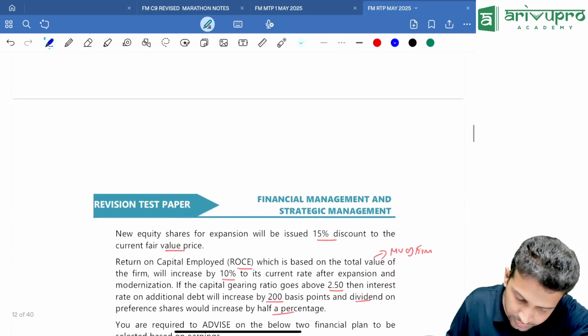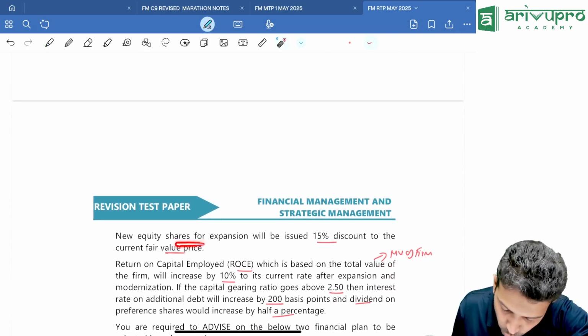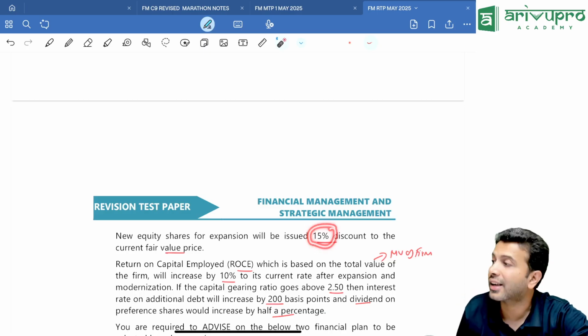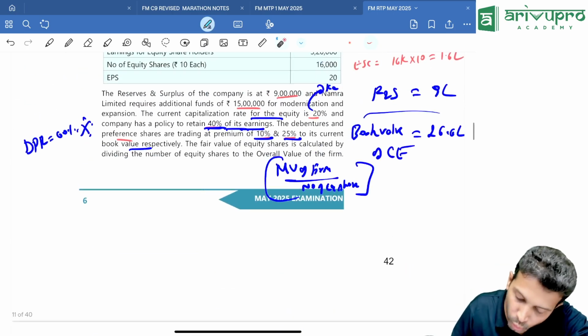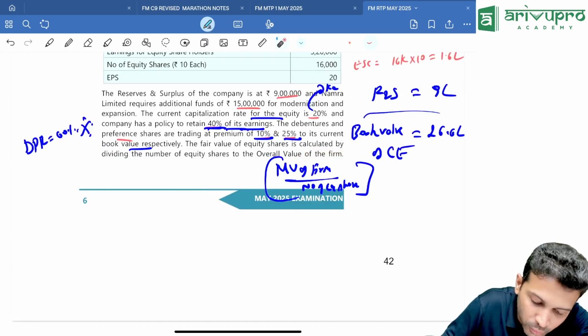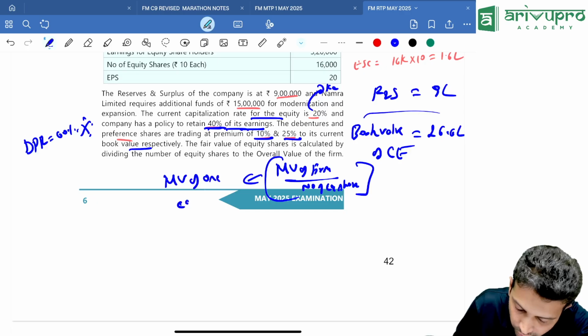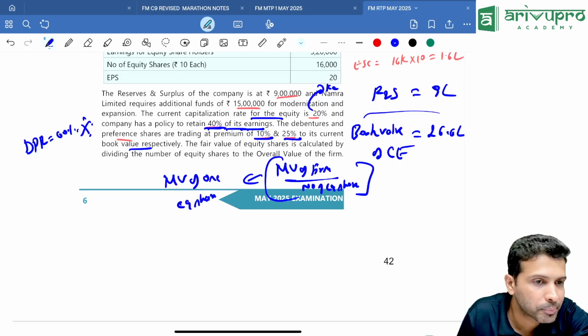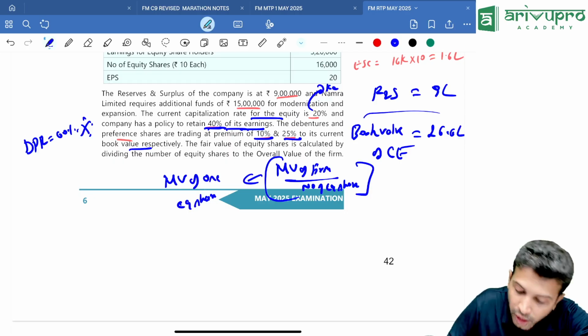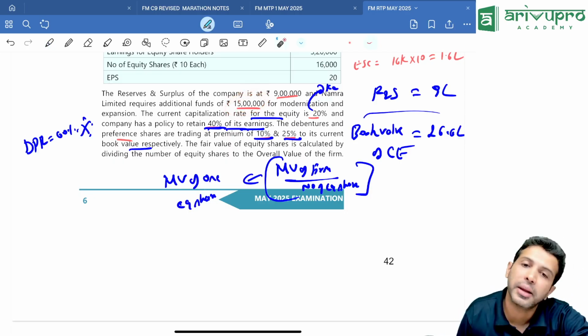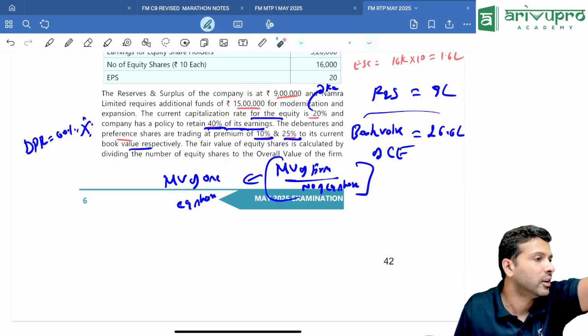Now check. New equity shares for expansion will be issued at 5% discount. By doing this, what will we get? We will get the market value of one equity share, correct? But how much funds do you want for your expansion? 15 lakh.